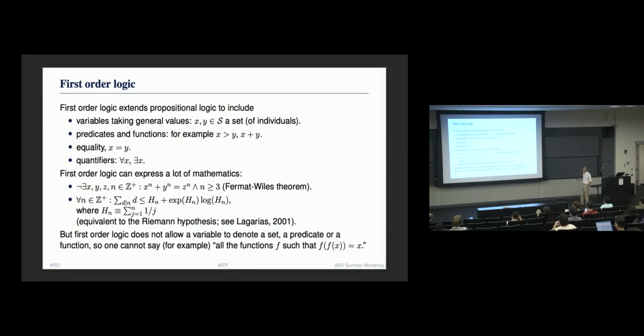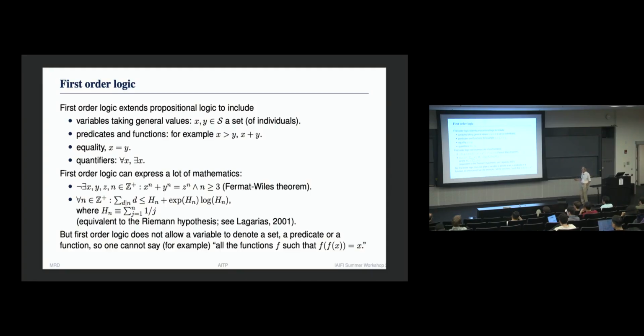Well, we need first order logic where you have variables, you have quantifiers such as for all x, there exists x, and so forth. This is pretty general, but not totally general. The big difference with higher order logic, which I'll get to in real math, is that you can't quantify over functions. You can only quantify over variables.